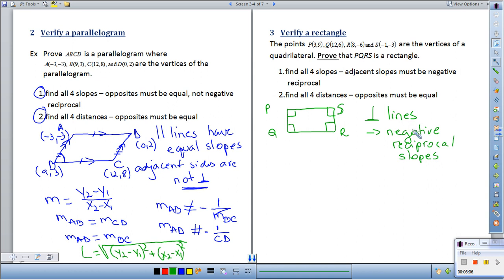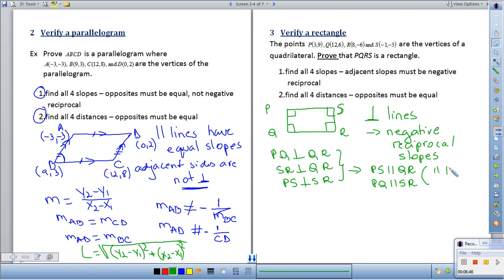In the process of finding the slopes of adjacent sides and proving that PQ is perpendicular to QR, that SR is perpendicular to QR, and that PS is perpendicular to SR, we will also find out that PS is parallel to QR, since opposite sides have to be parallel, and we'll also find out that PQ is parallel to SR. And remember, parallel lines have equal slopes.